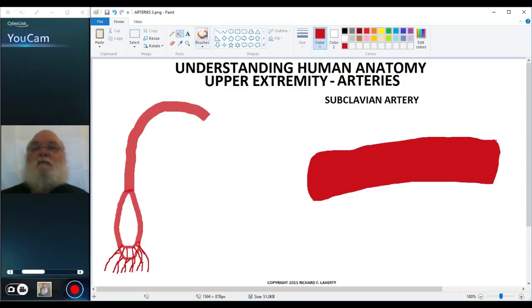So this is the subclavian artery. Now, the first branch that I want to talk about is one that comes off the superior surface of the subclavian artery and ascends through the neck. This is the artery that ascends through the transverse foramina.